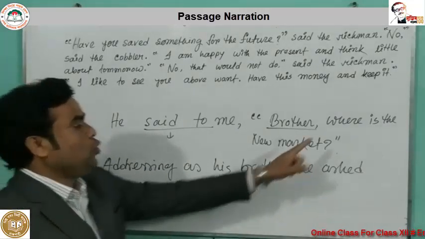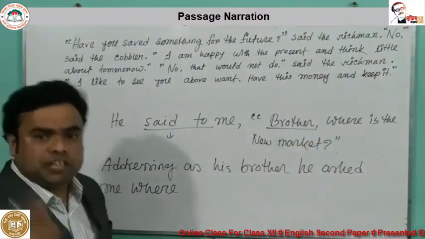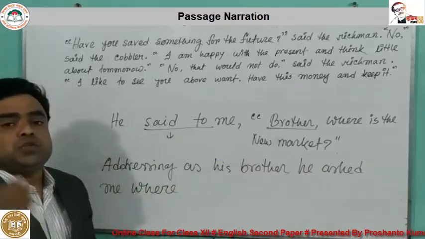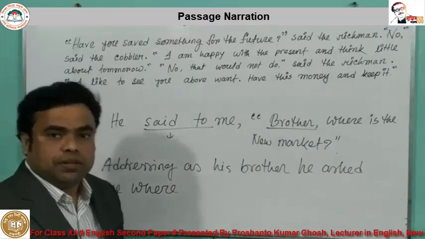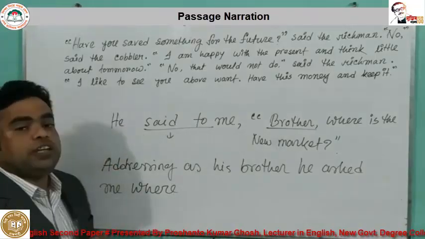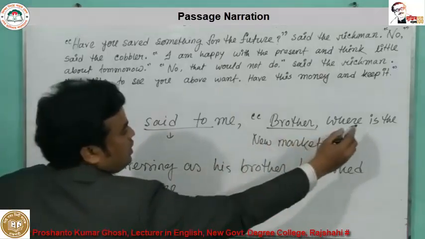Why? Because where is the WH word, and in an interrogative sentence the WH word remains the same, because there is no use of if or whether. Hope you understand, dear learners. Where is the new market?